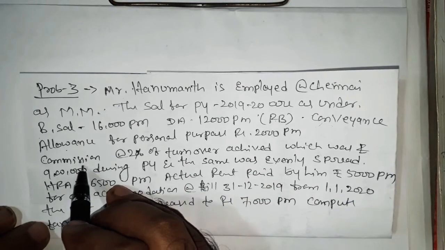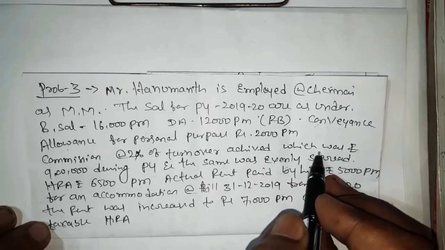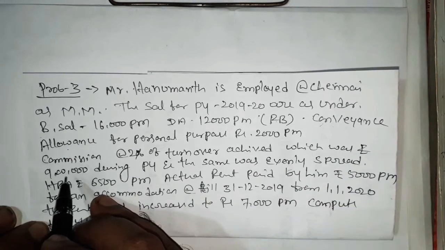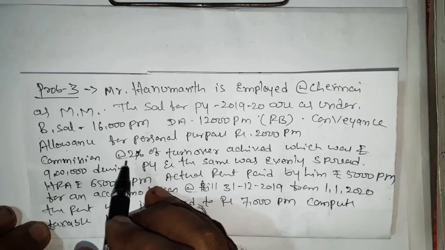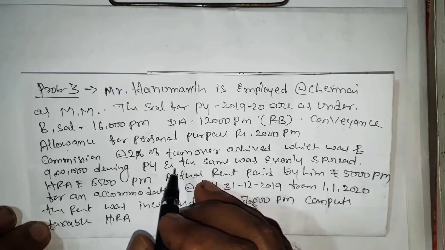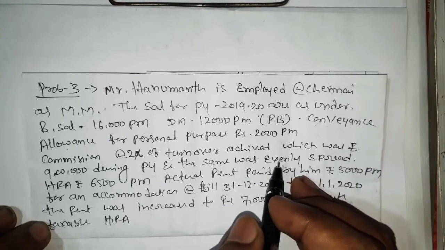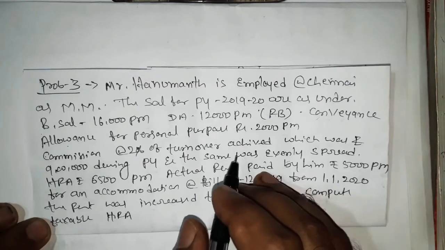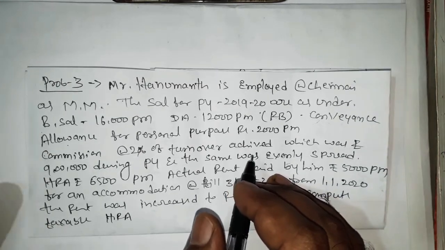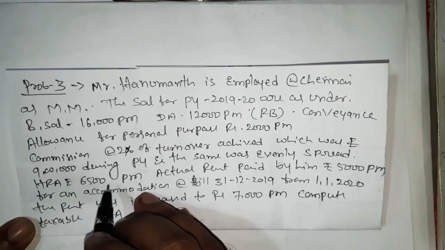The commission is at 2% of the turnover achieved, which was 9 lakh rupees during the previous year. They have provided the commission of 2% on turnover in the previous year, and the same was evenly spread. Next, the HRA of 6,500 per month.